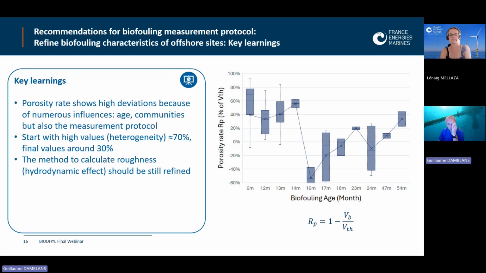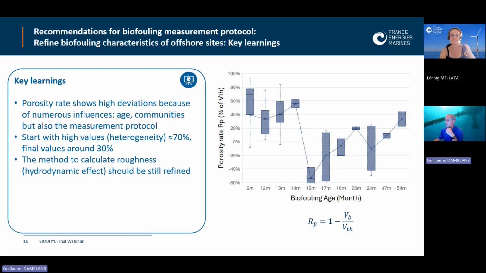Here, the idea is to bring some statistics on the porosity, hoping that in the future, depending on the community distribution typical of the site, we will be able to propose a porosity rate which improves the values we can get from thickness measurement, because we are aware that this is the easiest way to measure on site, and it's very difficult to provide fine data. We need to scrape all the biofouling, and it's quite heavy.